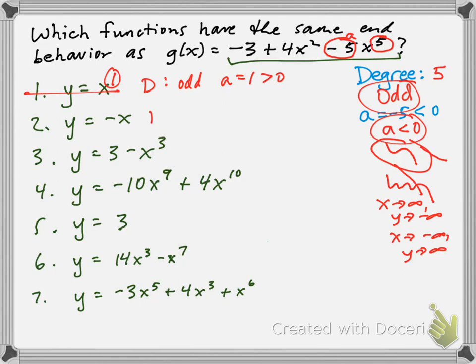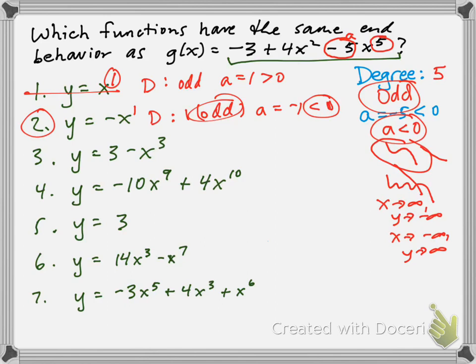Now we look down to number 2. The degree here is 1, so that's odd, and the a value is negative 1, and that's negative. So the degree is odd and the a is negative. Therefore, yes, y equals negative x has the same end behavior as g of x.